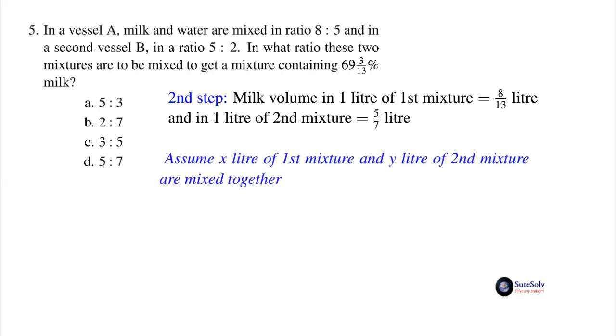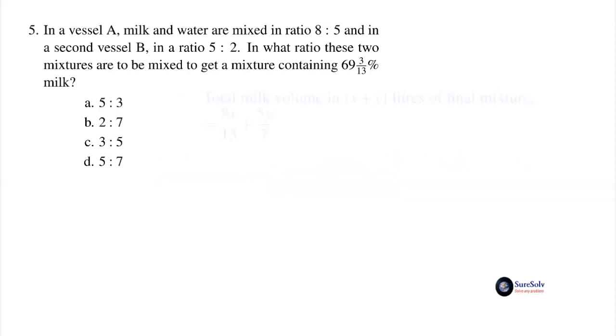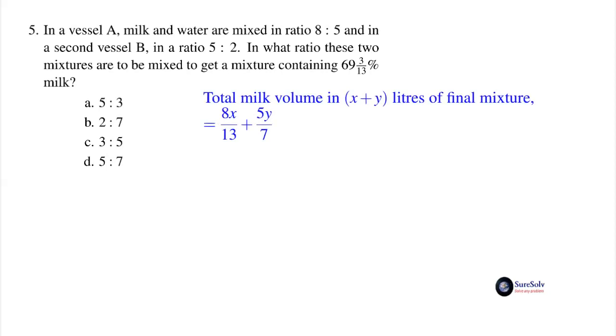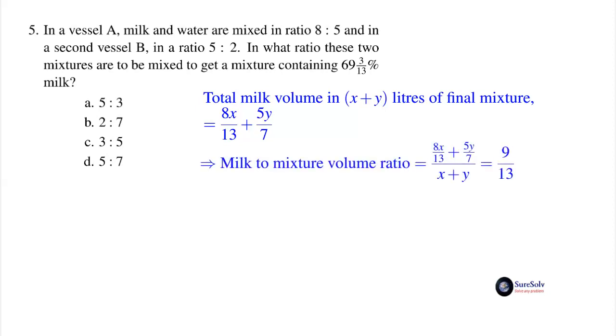Now assume x liter of first mixture and y liter of second mixture are mixed together. Total milk volume in x plus y liters of final mixture is then 8x/13 plus 5y/7 liters. This gives milk to final whole mixture volume ratio as (8x/13 plus 5y/7) divided by (x plus y) equals 9/13 as given in the problem statement.